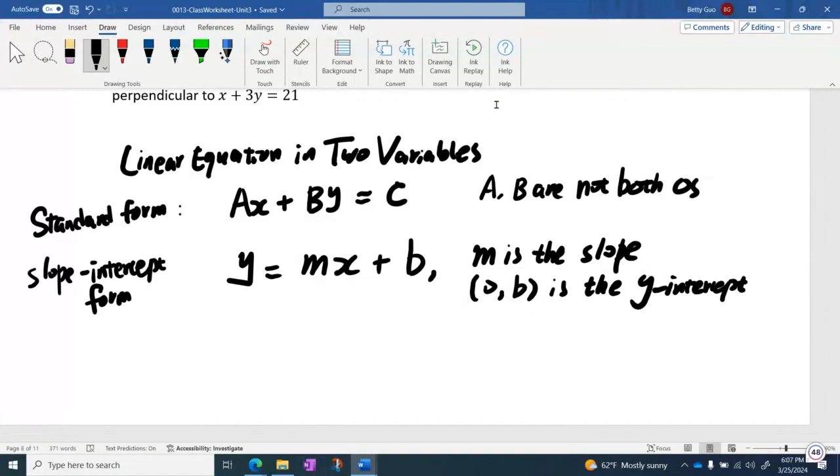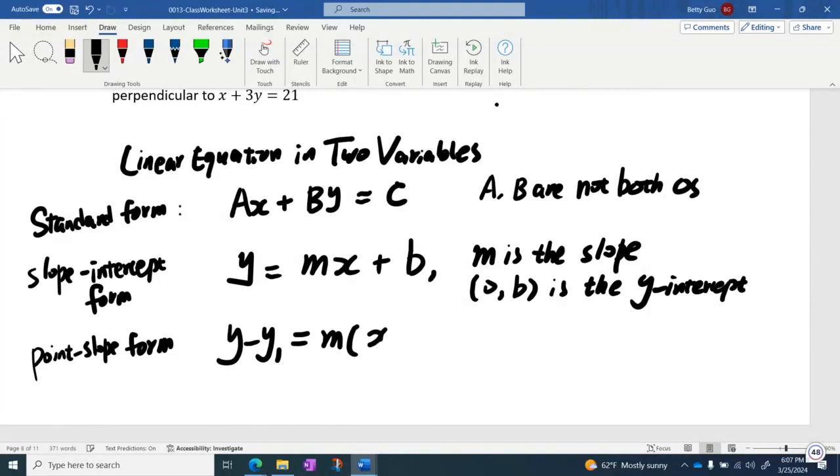Slope-intercept form involves slope, so the form only works for non-vertical straight lines. That's why we cannot use slope-intercept form to define straight lines. And the third form is called the point-slope form. It looks like this. y minus y sub 1 equals m times parentheses x minus x sub 1.